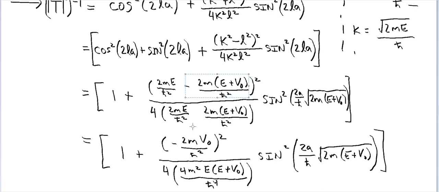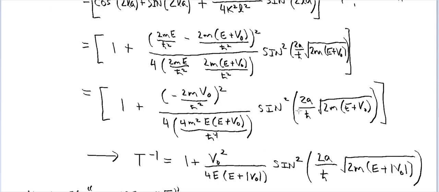I get minus 2mV₀, the 2mE parts go away, over ħ², still have to square it, over 4 times 2 times 2 is 4, m times m is m², E times (E + V₀) is right there, ħ² is here to give ħ⁴, and then still sin of all that junk, right? How is this helpful?